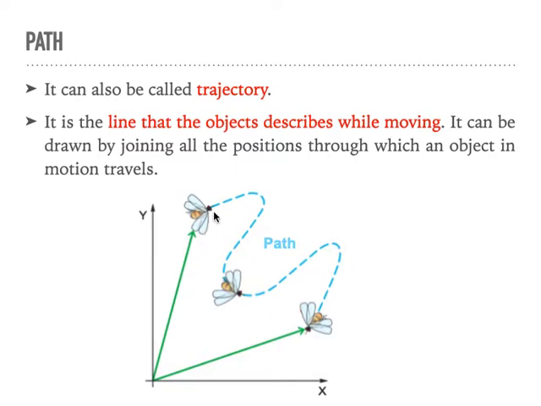And if we, for example, when the fly moves here, draw another position and another position, and you join the points of the arrows, you're going to obtain the path, okay, by joining all the positions through which an object in motion travels. But keep this definition that is simple, and this for other courses, but it's the line that describes the object while moving.